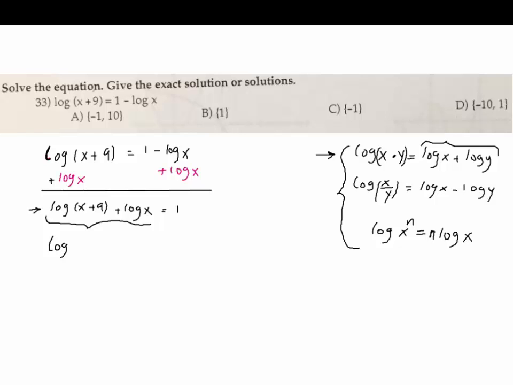Log of, so your x is x plus 9 and your y is x. Okay, that would be log of x times x plus 9 there, right? Or log of x plus 9 times x, however you want to do that.